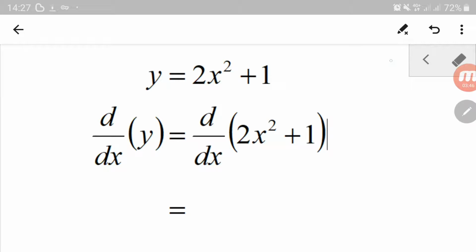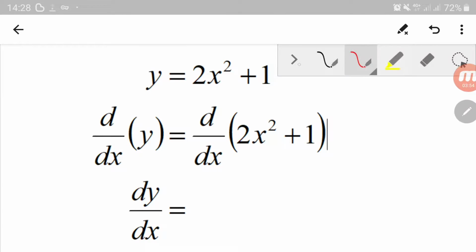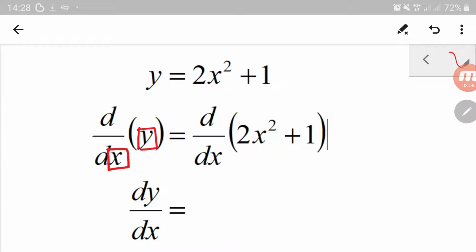So on the left hand side, differentiating y in terms of x, we get dy/dx. Notice that this y is different, so it will be dy/dx.